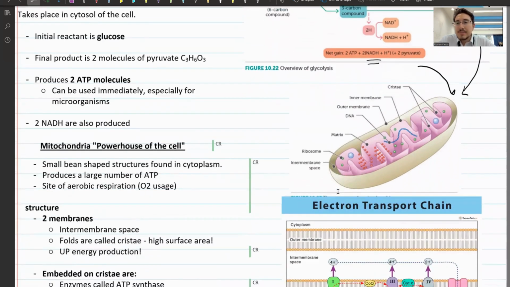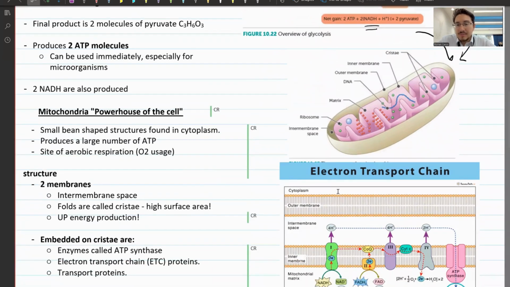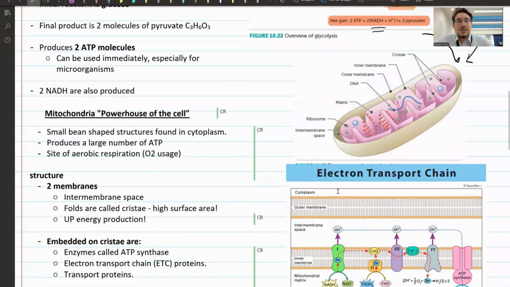Let's take a look at the mitochondria now. Some little structures that you do need to remember. As you already know from the organelle chapter, the mitochondria is the powerhouse of the cell, because ATP is produced here. It looks like a little bean.